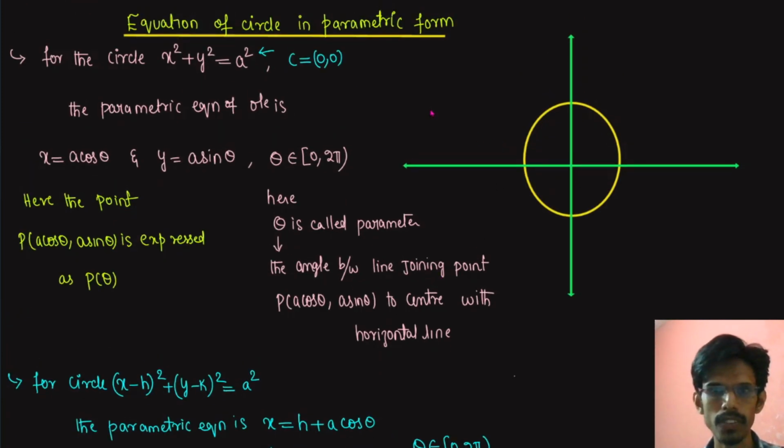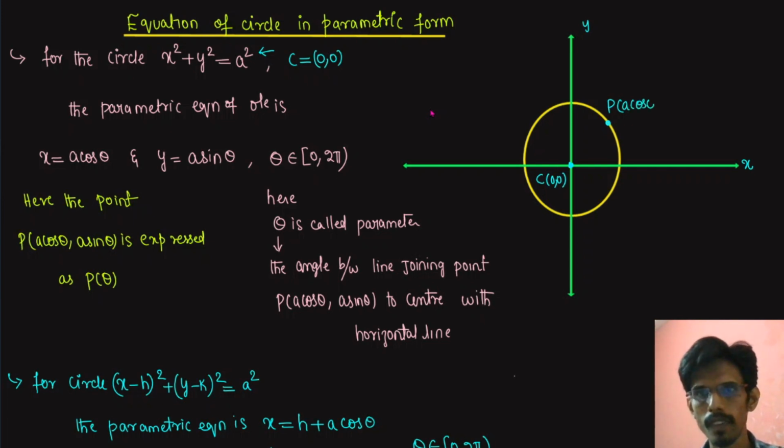Here we have this circle, this is the center, x axis, y axis. Now here we have the center C 0, 0 for this circle. Now let us take a point P, which is a cos theta comma a sin theta, any point on the circumference of the circle.